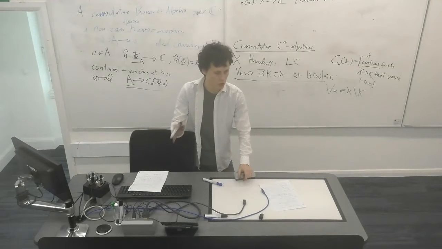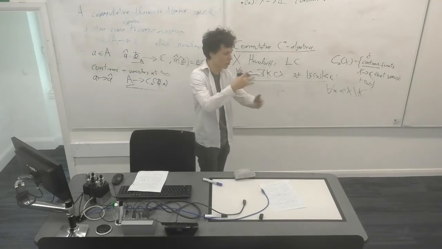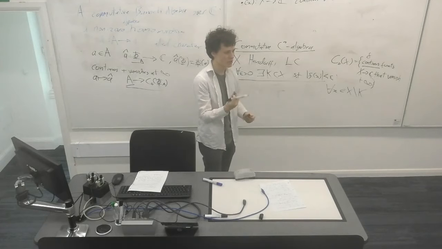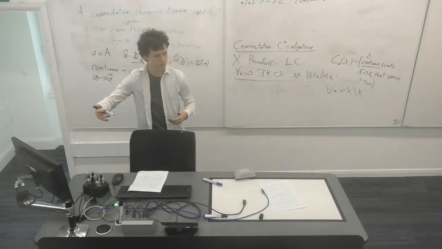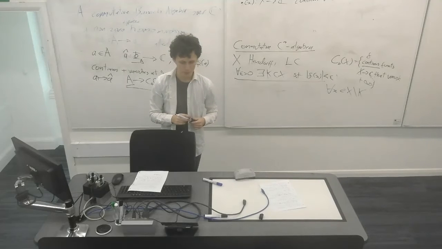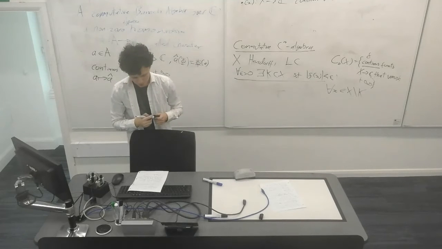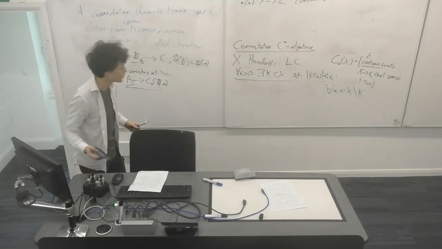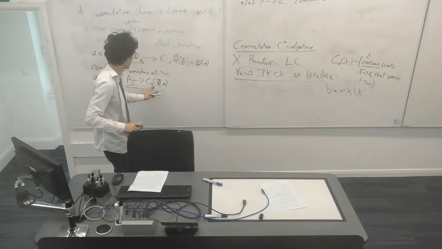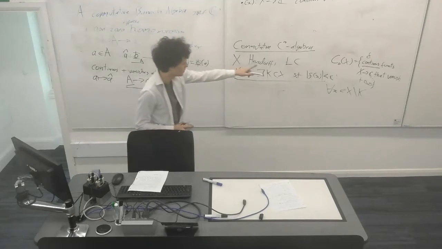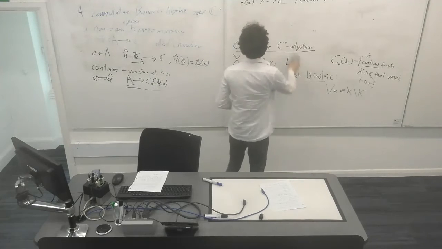You can identify every point of the vector space with a point in the dual of the dual. Again, pretty easy to do. So this is the definition of the representation. It's a way of associating every point of the algebra with a point in C0 of the set of characters.